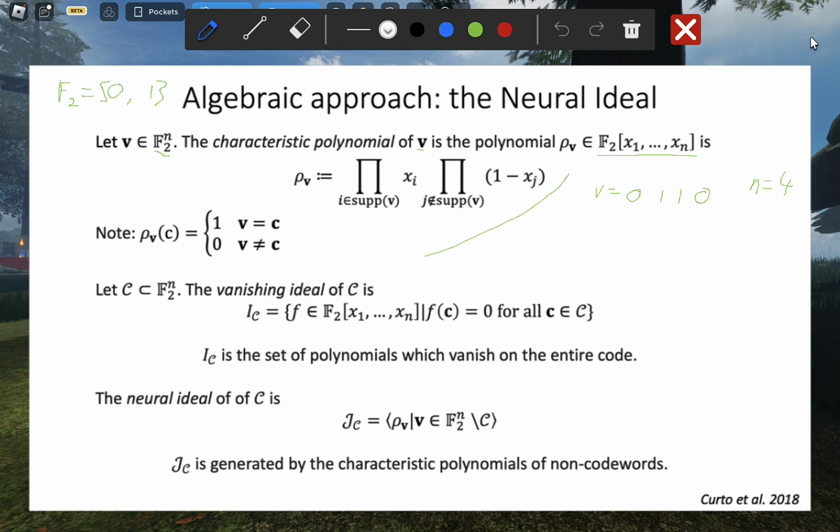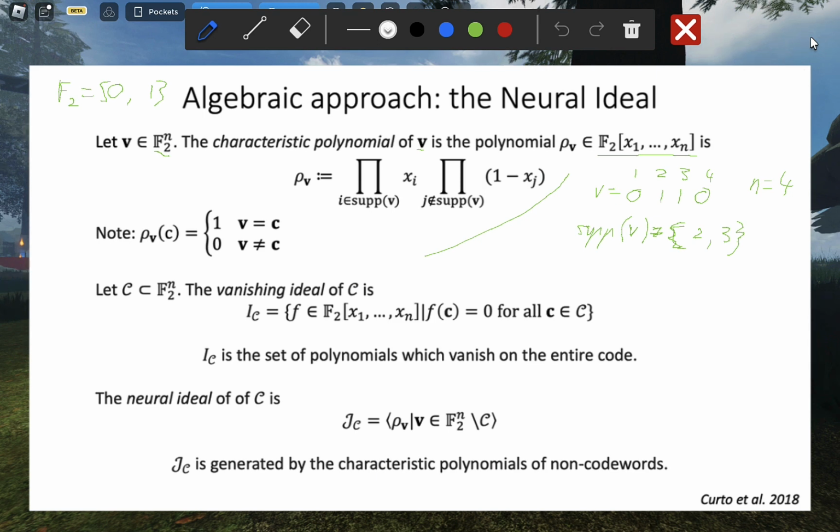So the support of V is going to be equal to the indices, so 1, 2, 3, 4, is going to be equal to a set of the indices that have a 1. So you can see 2 and 3 both have a 1. Therefore the support of this example vector is 2, 3.